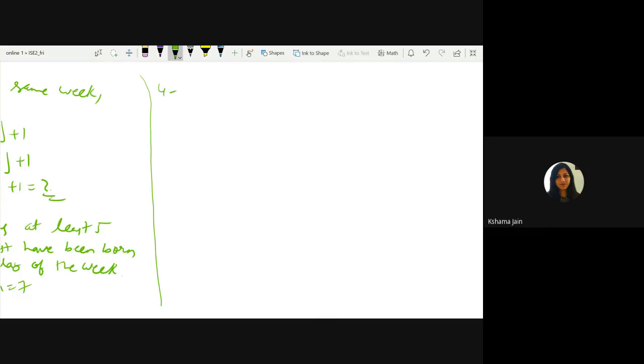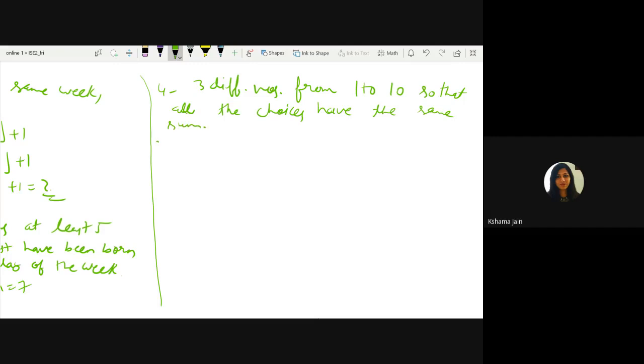Find the least number of ways. Everybody write down. Find the least number of ways of choosing 3 different numbers from 1 to 10 so that all the choices have the same sum.